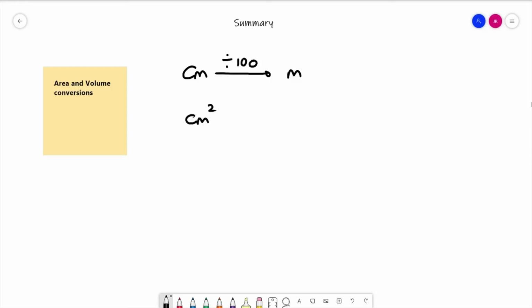Whenever we go up to area, we square the unit and therefore we square the scale factor, and to volume we cube the units and therefore we cube the scale factors as well, and that will work for any conversion. So whether it's millimetres, or even nanometres or something ridiculous like that, and you want to convert nanometres cubed into metres cubed, you can just apply that principle.